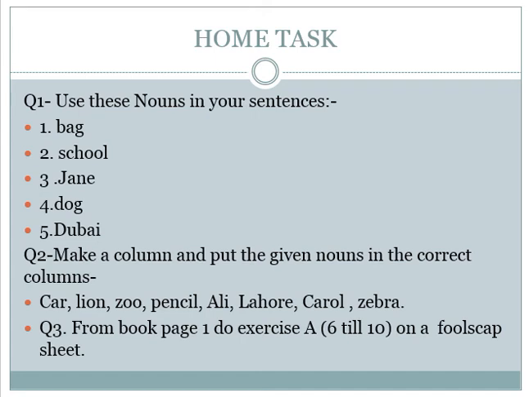And then you have to put the given nouns in the correct column. Now question number 3 is from book page 1, do exercise 6 till 10 on a foolscap sheet, because from page number 1 exercise A 1 till 5 we have already done. So you have to do 6 till 10 on a foolscap sheet.